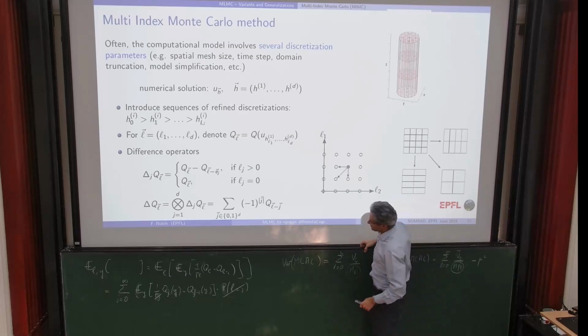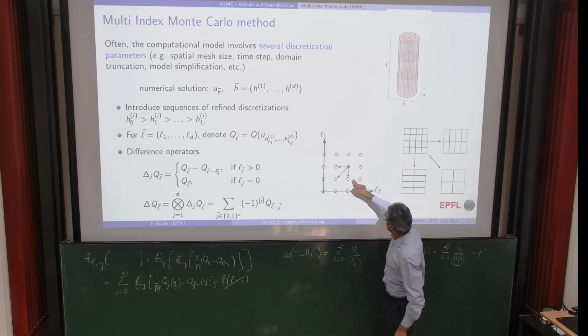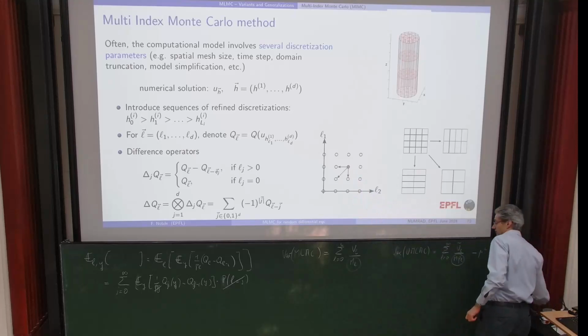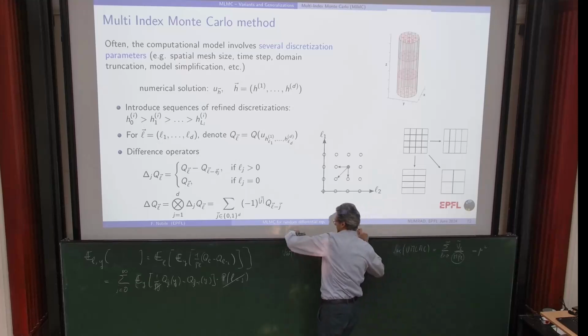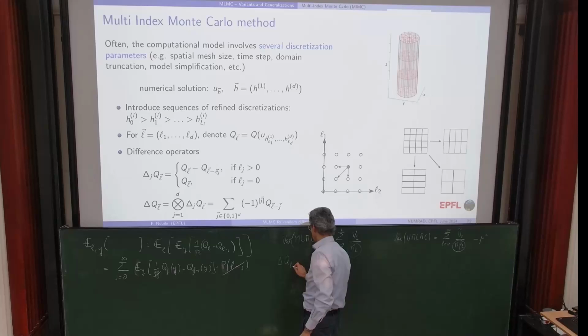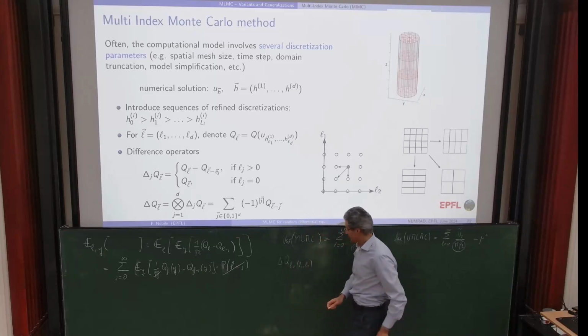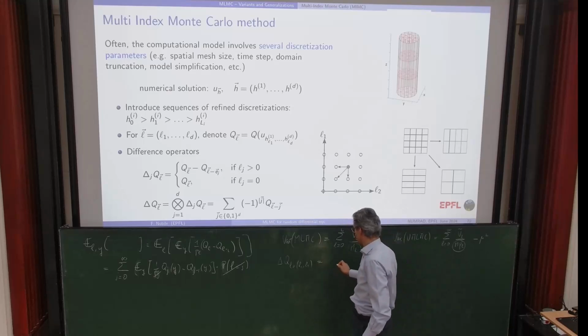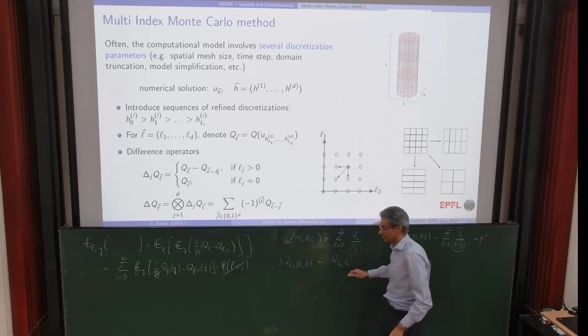Okay, so again, in 2 dimensions, this double difference, delta Q_L, if L is just L1 and L2, with 2 parameters, will correspond to taking Q_(L1,L2), that's the most refined way.